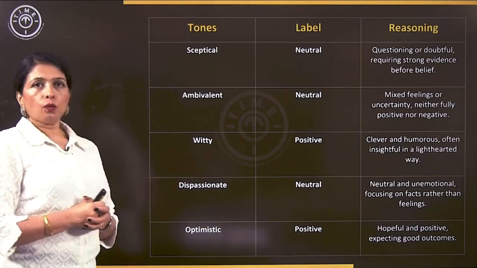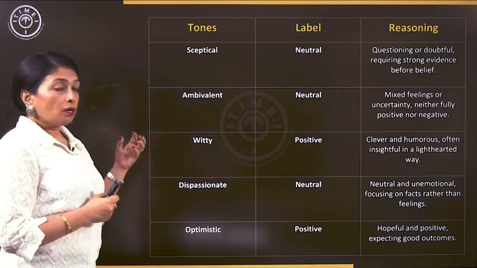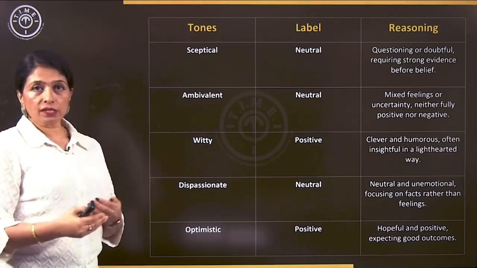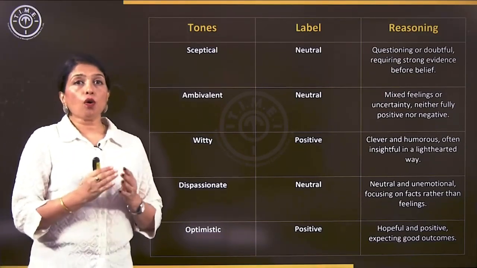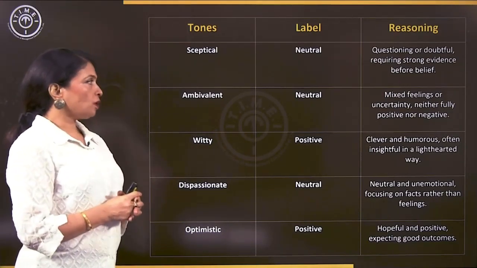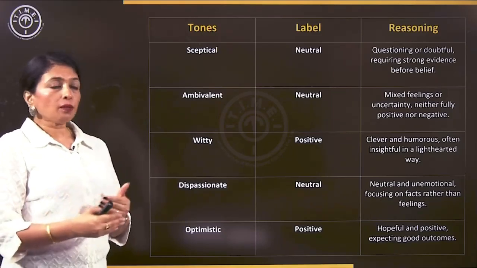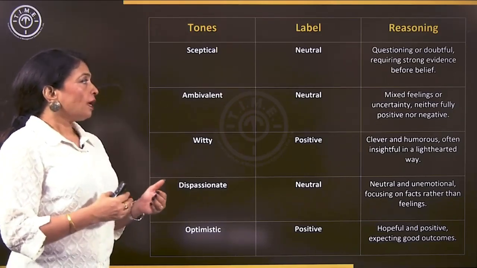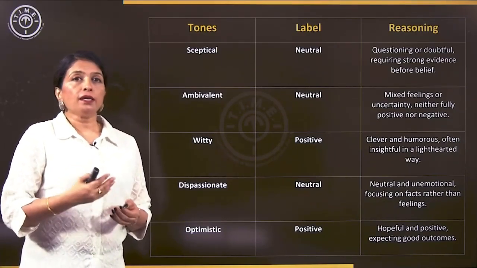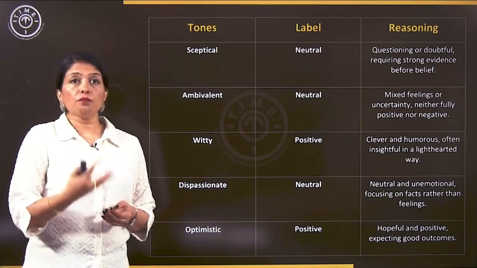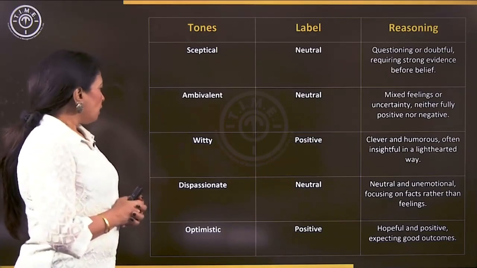Then we have this very commonly used word from the noun wit. We have this adjective witty, and witty is considered to be always a positive tone because it reflects something which is clever, humorous and insightful in a very light-hearted way, and therefore it elicits laughter or amusement from a reader.